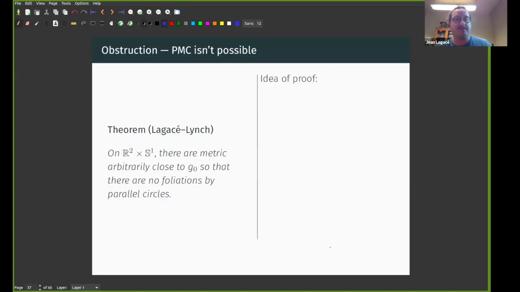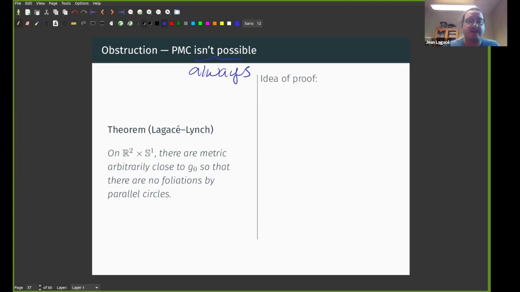That's the question. And we prove, in fact, that this parallel mean curvature isn't always possible, and that we can find metrics arbitrarily close to the Euclidean metric where you have no foliations by parallel circles in this case.